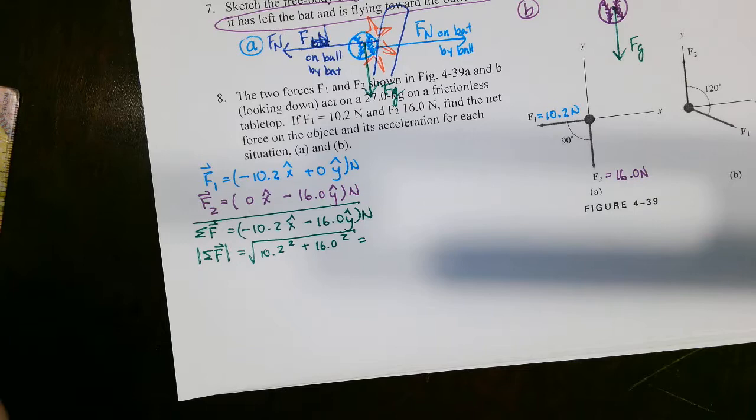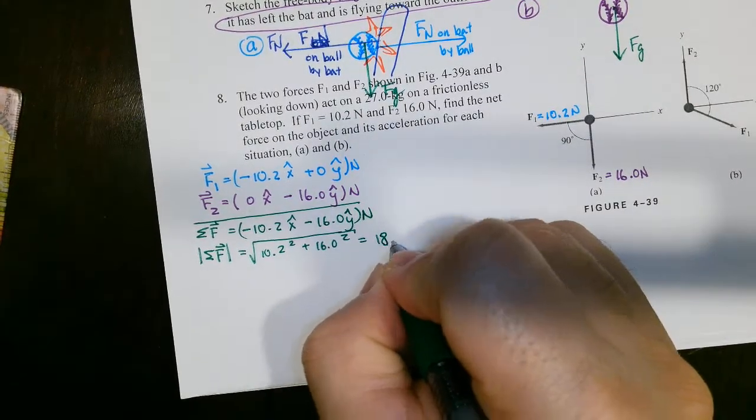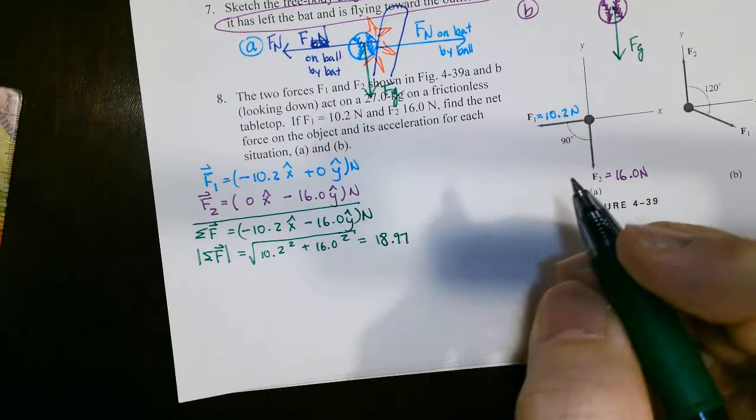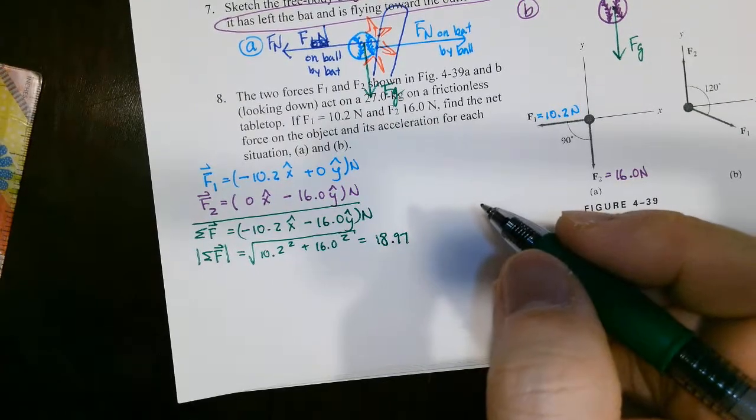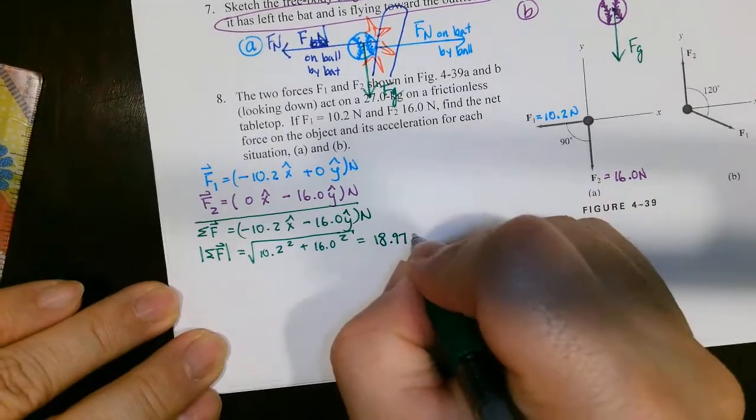Square root it. I get something like 18.97, or simply 19 newtons.